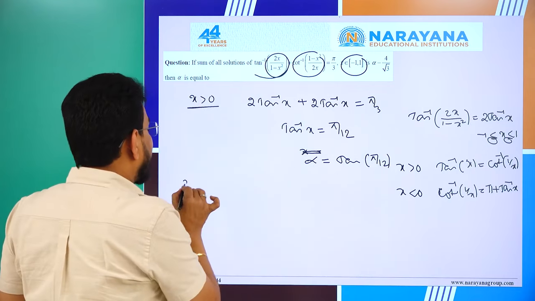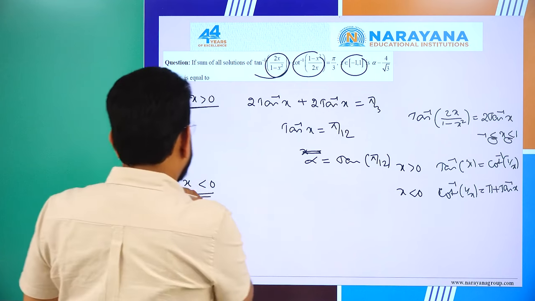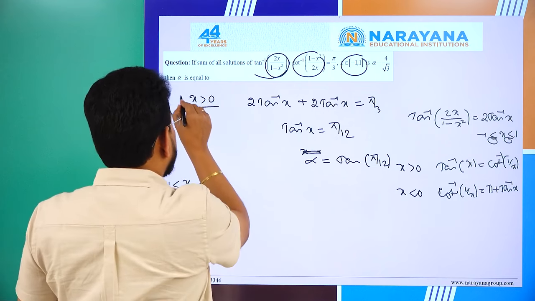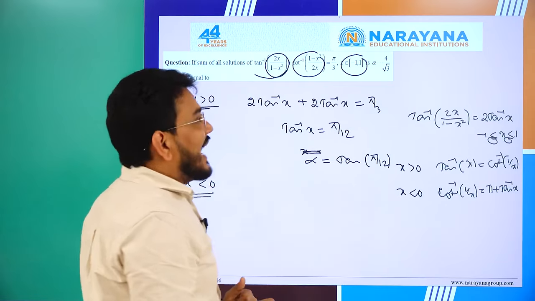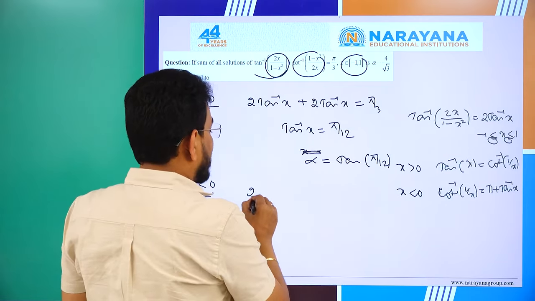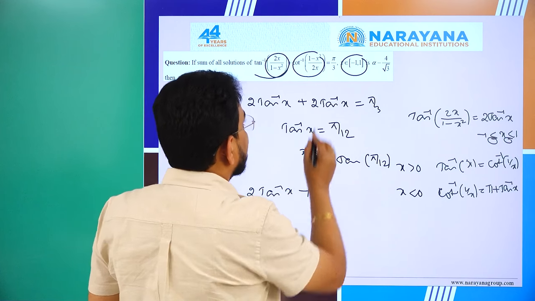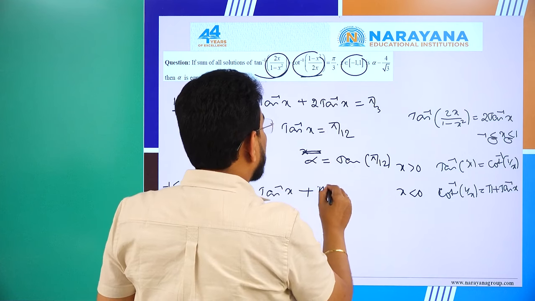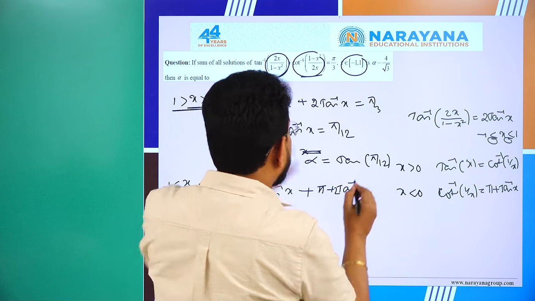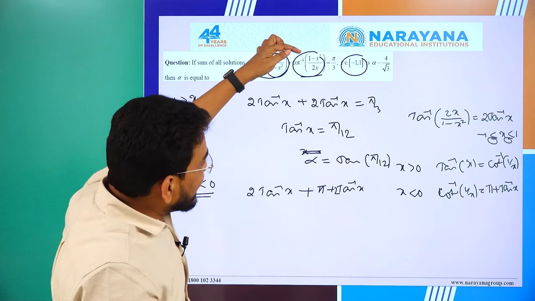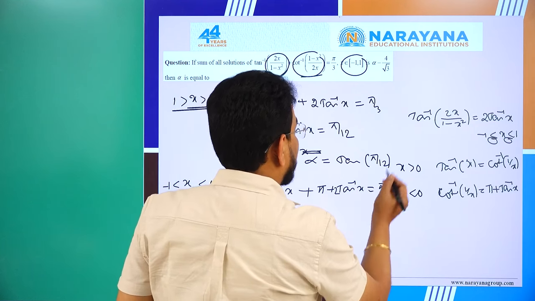Now coming to the second case, x is less than 0 but less than minus 1. Here x is in the interval. So in this one, 2 tan inverse of x plus this value will be equal to pi plus 2 tan inverse of x, because this will be tan inverse of 2x by 1 minus x square, which is equal to pi by 3.